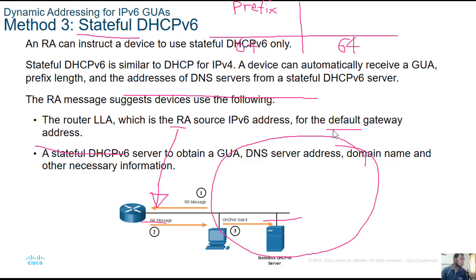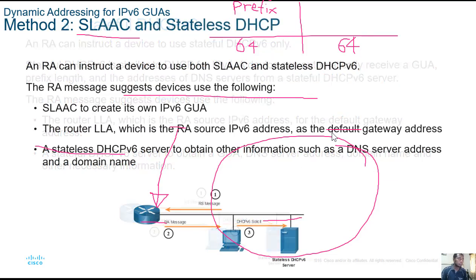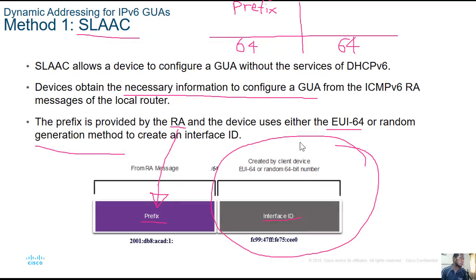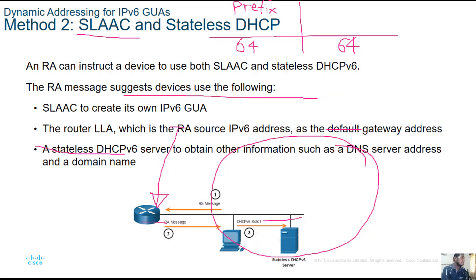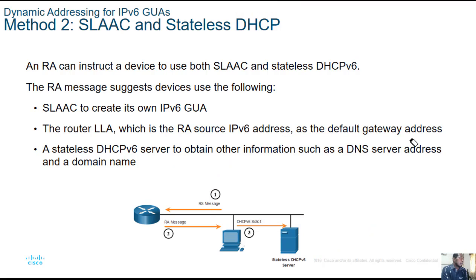Let's take a look at method number 2. We discussed this again in the first slide. With SLAAC and stateless DHCP, RA messages are used to provide the global unicast address, but at the same time it will request that a DHCP version 6 server provide other information.